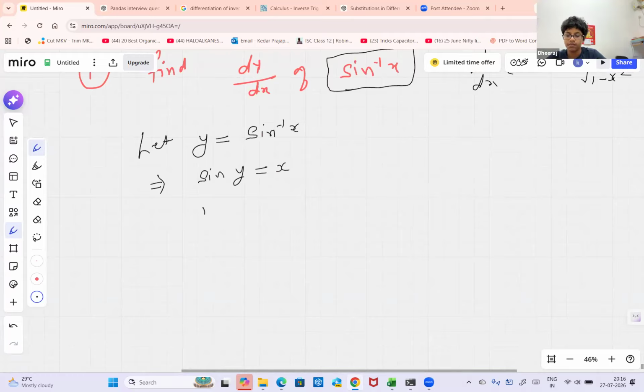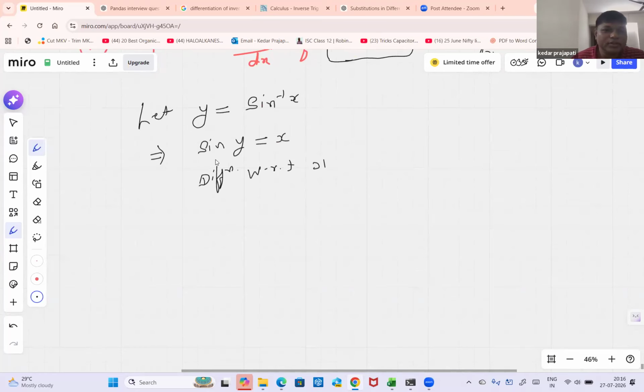Now, differentiating with respect to x. Okay, what will come? Sine y will become, differentiation of sine is cos, so cos y and differentiation of y is dy by dx.